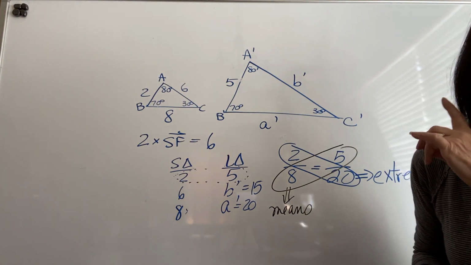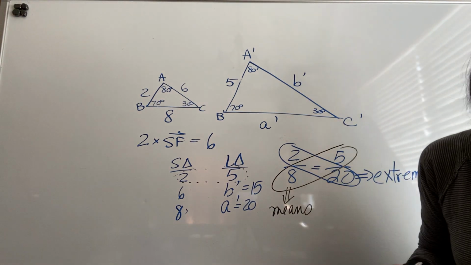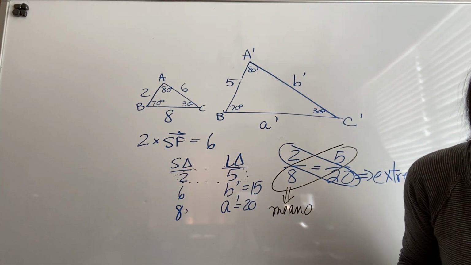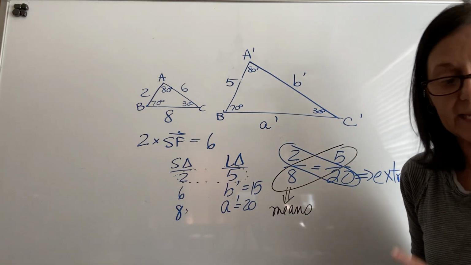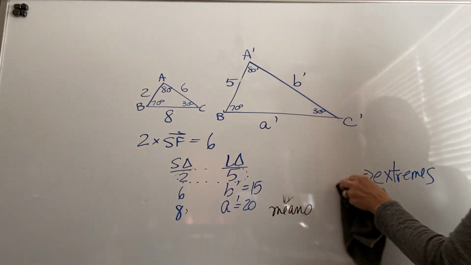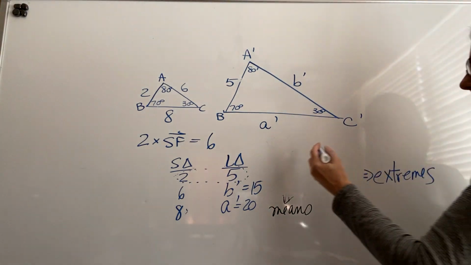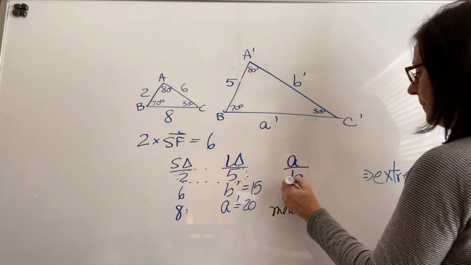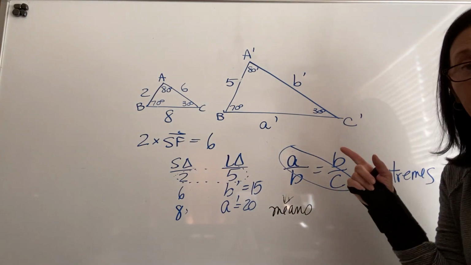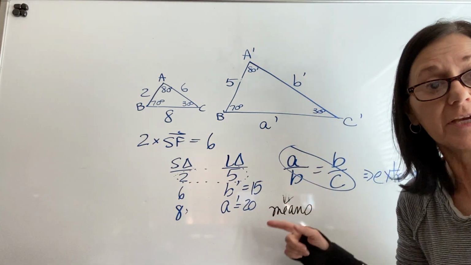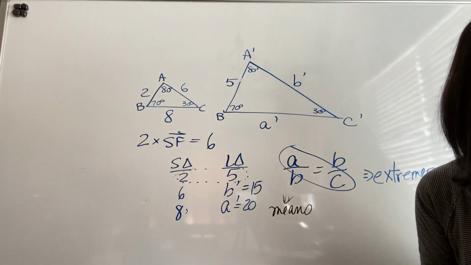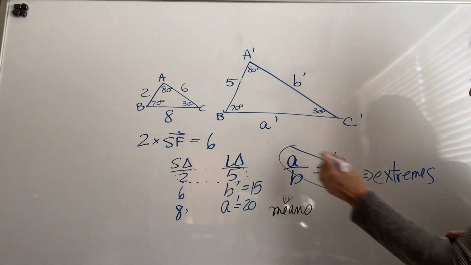It says that B is the geometric mean between A and C. So I'm going to rewrite this: A over B equals B over C. B is the geometric mean of my extremes A and C. What does that say?